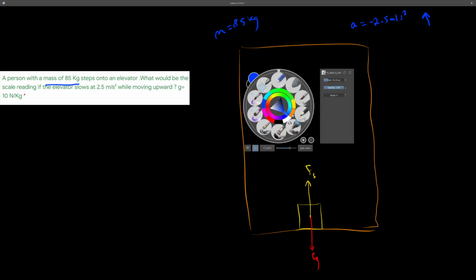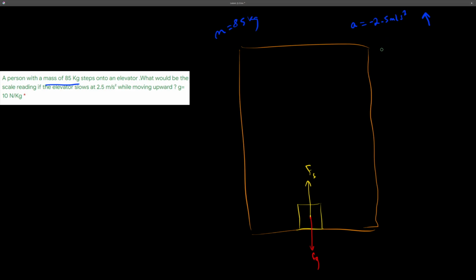So how do we calculate it? First of all, we get the F net is equal to Fs minus Fg, and Fg is going to be equal to 85 times 10. So 85 times 10 is 850. Now we can use the formula F net is equal to ma.